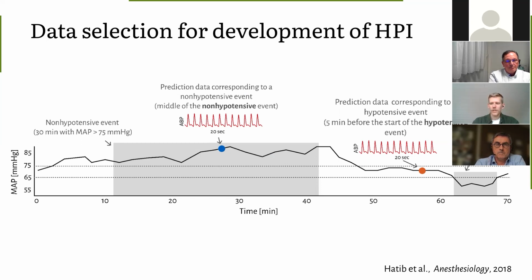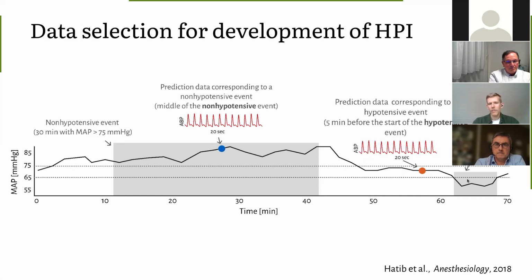So this means that data for predicting non-hypotension will, by definition, always have a MAP above 75, and this creates the 100% specificity, because with this data selection, if we see a MAP below 75, it can only correspond to future hypotension.